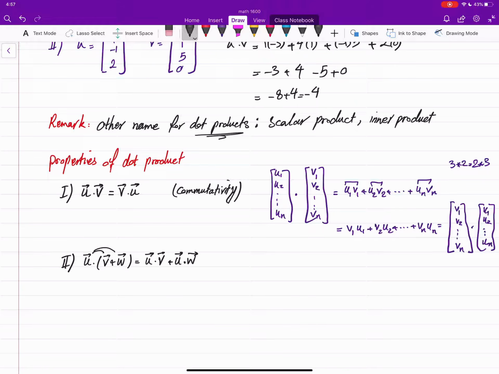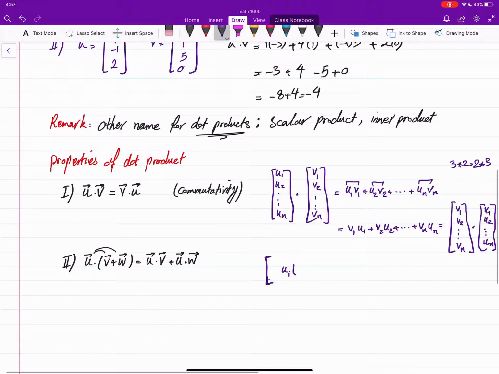For the proof, the important note is this: when you go to the components, the ith component of v plus w is vi plus wi.